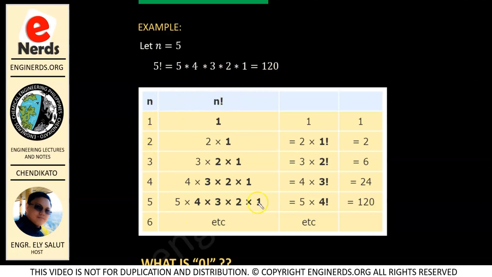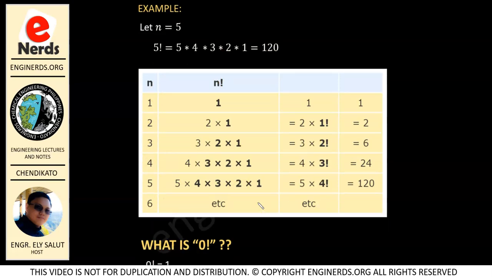So, we have a table here na pwede ninyong tignan. Of course, this is continuous. This table is until 5 only, but this is how it will look like. So, n factorial, if our n is equal to 1, 1 factorial is equal to 1. 2 factorial is equal to 2 times 1, which is 2. 3 factorial is equal to 3 times 2 times 1, or 3 times 2 factorial, which is equal to 6. 4 factorial is equal to 4 times 3 times 2 times 1, or 4 times 3 factorial, which is equal to 24.